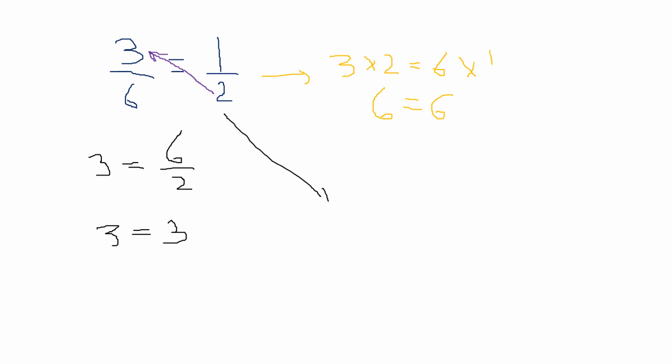So if I do this here now, and I'm coming over here with this one, if I send up my 2 on this side, I would end up with 3 multiplied by 2 over 6. And remember, this one here stays for itself on the other side, right? So that will be equal to 1.